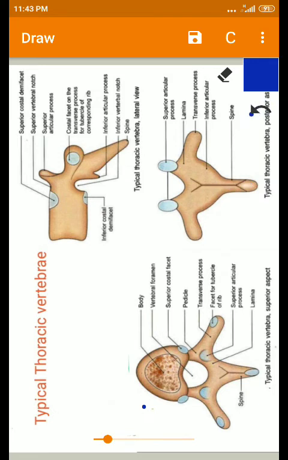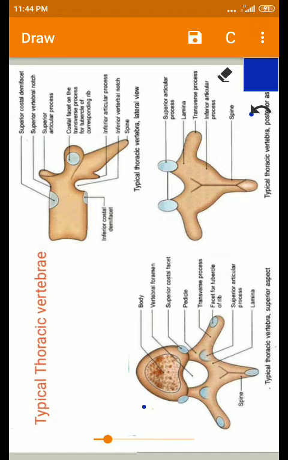So if you take any vertebra in the vertebral column from the cervical region to the lumbar region, all of them will have the same kind of features. Okay, there are some changes which deviate from these normal structures, called atypical vertebrae.